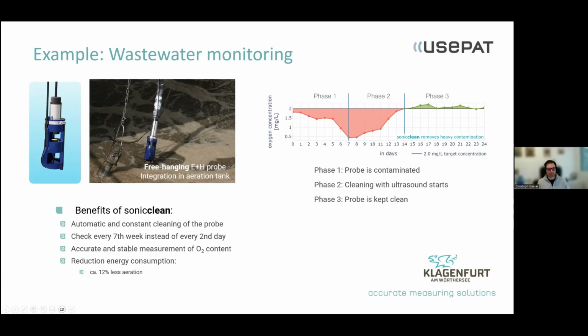This is a quite dirty process, and they just foul over time. That means either you clean very often, or you will have problems with the measurements. The probe will underestimate the oxygen content, and you will just put more air into the tank, which is not necessary.